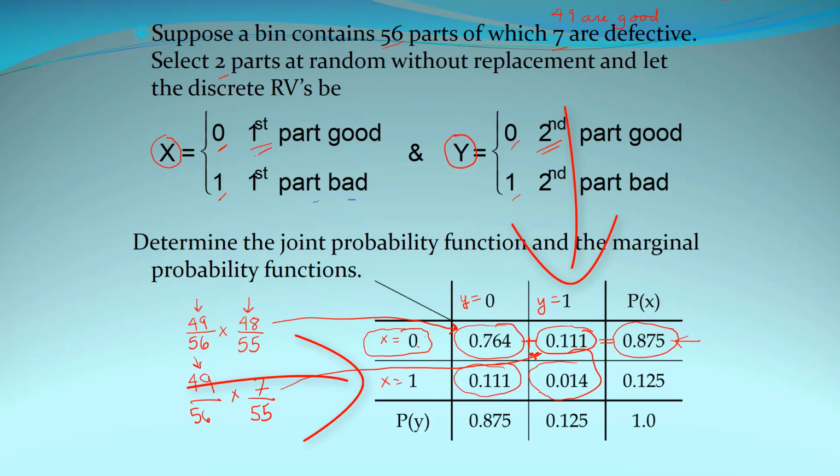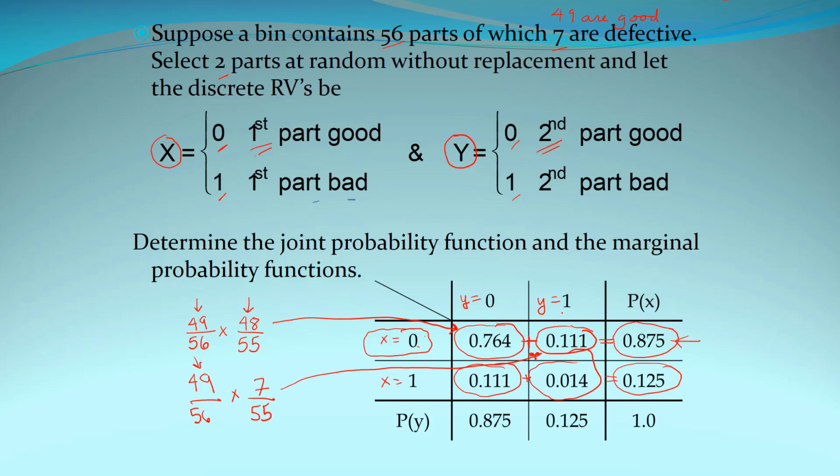That probability is 0.014. And if we want to, we can calculate the marginal probability of having a bad first part as the addition of these two quantities, right? So there we go. That's the marginal distribution.